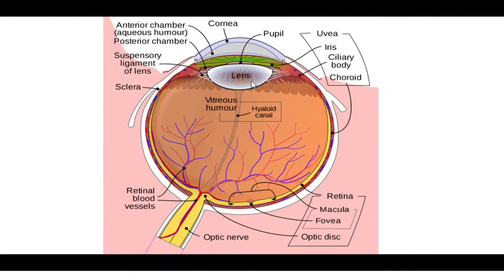We have seen vitreous humor and hyaloid canal. You can ask me, how is it possible? Because we don't have any canal inside the eye. Yes, the mature eye doesn't have one, but in the embryo it is present, because till the 7th month of prenatal life this hyaloid canal is present, like elements of hyaloid arteries.